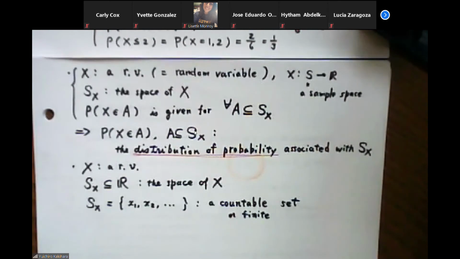Countable set is where we can count x1, x2, x3, x4, and then go on forever, but no more than that. Countable means we can count. The first one is this, the second one is this, the third one is this, and then we can proceed with this process, and then everything is gone. That is countable. More than countable is the continuum.